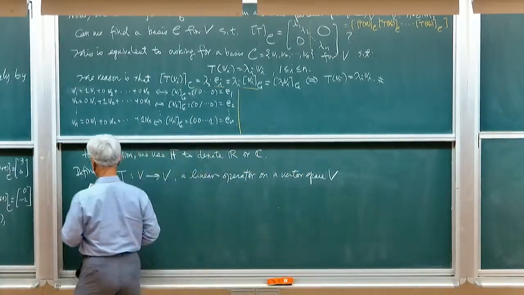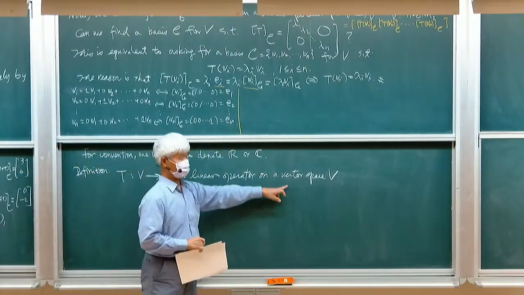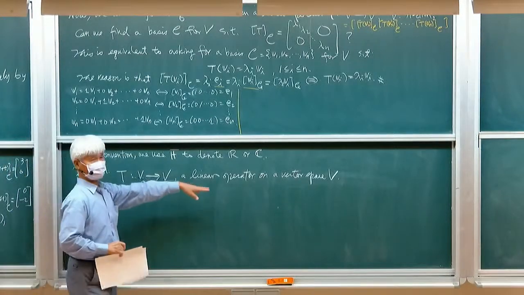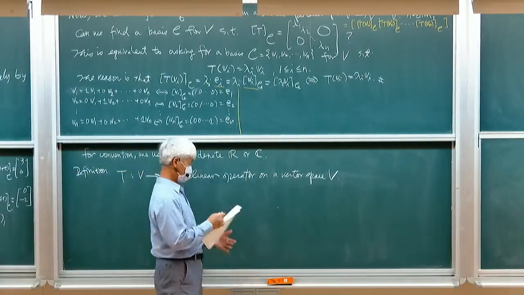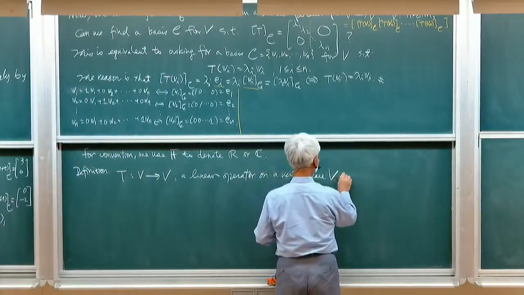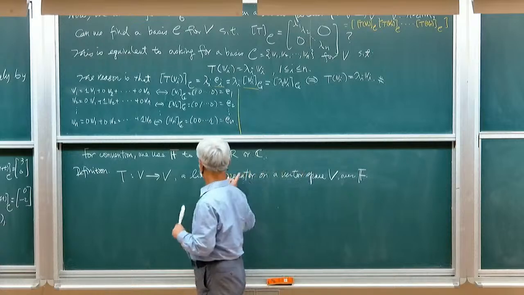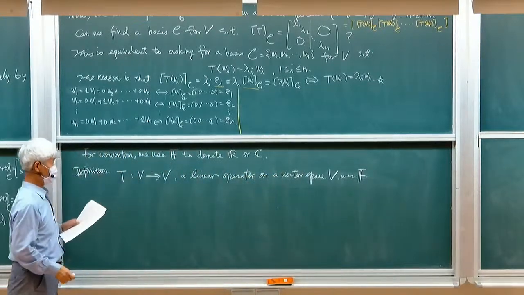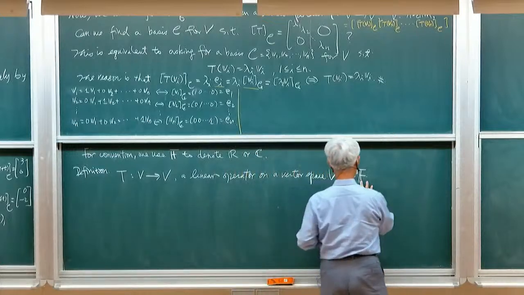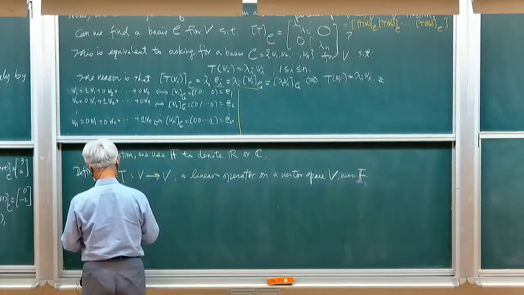This definition is good for an arbitrary linear operator on arbitrary vector spaces. The vector space is not necessarily finite dimensional, just any vector space over F. So the vector space V is over a scalar field, and F can be R or C.